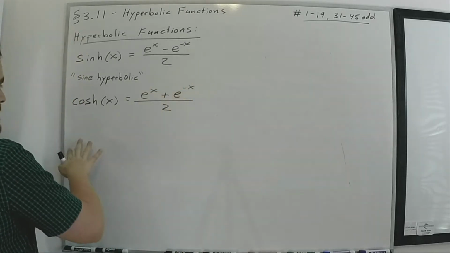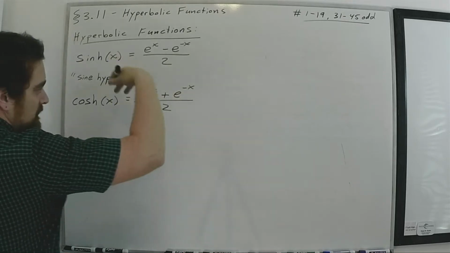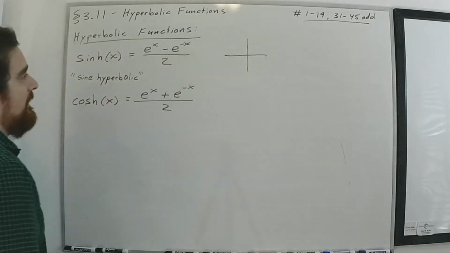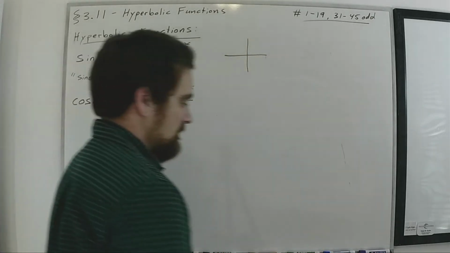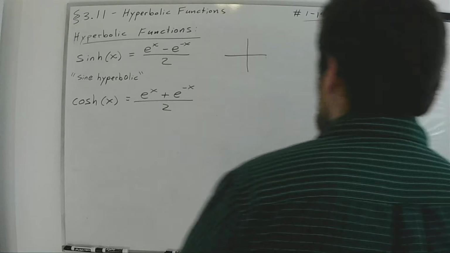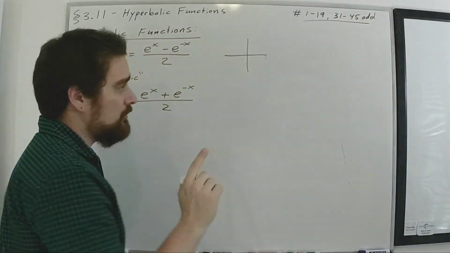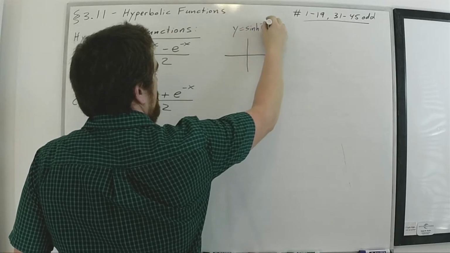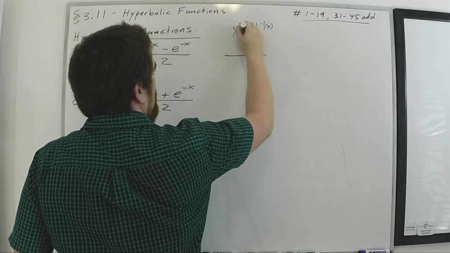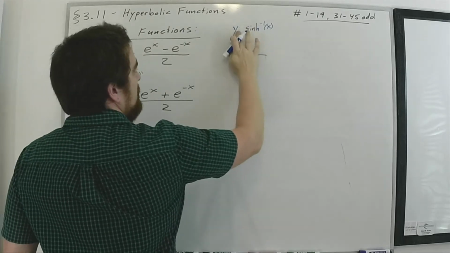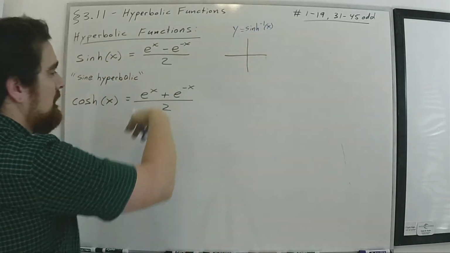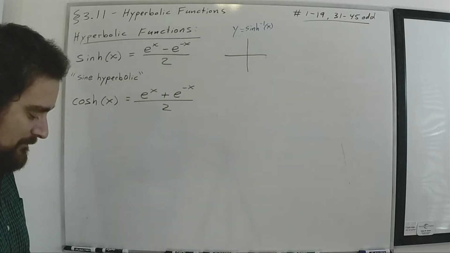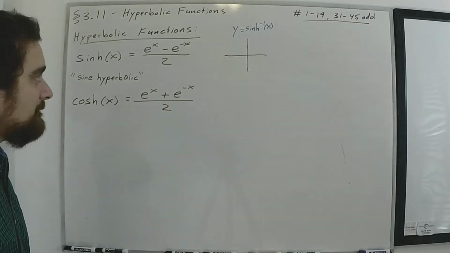And before we even touch on tangent, because it is really just still the ratio, I want to take a look at just a real quick sketch of a graph for these two, because the graphs of these two are something you should know, in my opinion. Because you will encounter these functions again. Typically, 9 times out of 10, it's one of these two functions, sine hyperbolic or cosine hyperbolic, just based on the way they're defined.